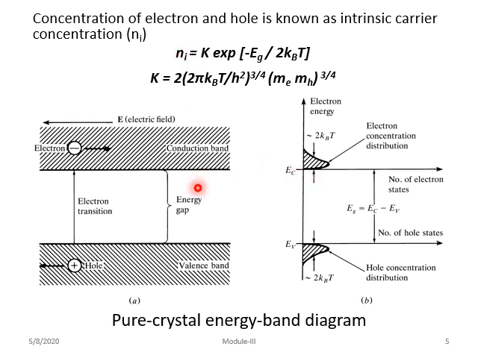Now coming to the energy diagram, if I represent it in terms of the concentration of electrons or holes with respect to the energy states, the energy diagram versus number of electrons or holes, the concentration of electrons is found in the conduction band region and the hole concentration in the valence band.